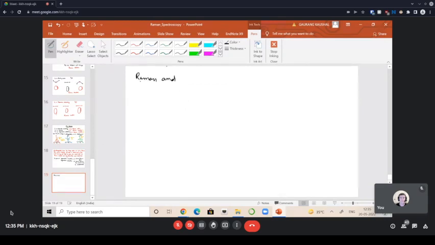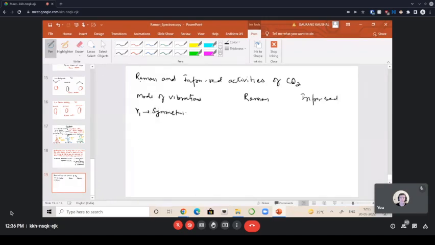The modes of vibration are: first, nu one, the symmetric stretching; second, nu two, the bending; and these are the three fundamental vibration modes. Third is the asymmetric stretching.